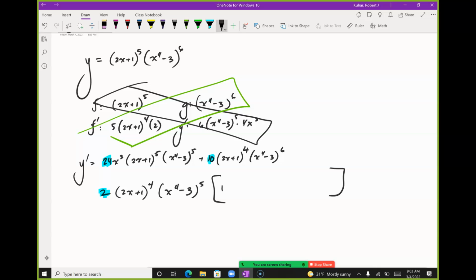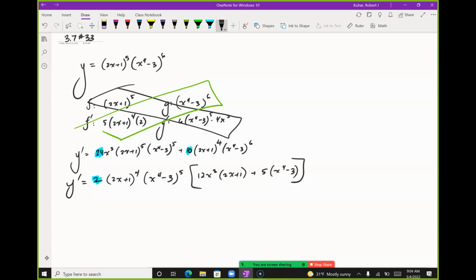Looks like I have a 12x cubed times (2x plus 1) plus a 5 times (x to the 4th minus 3). So I have to just work inside my square brackets there. I have a 2 times (2x plus 1) to the 4th times (x to the 4th minus 3) to the 5th. I've got a 24x to the 4th plus a 12x cubed plus a 5x to the 4th minus a 15.